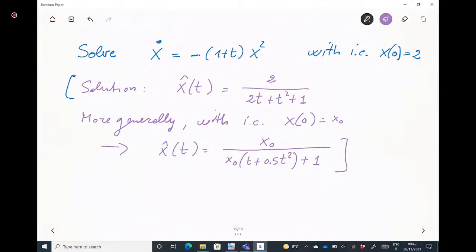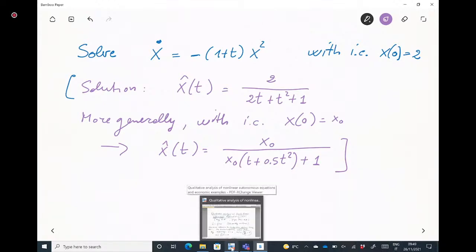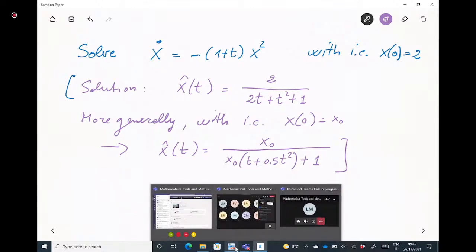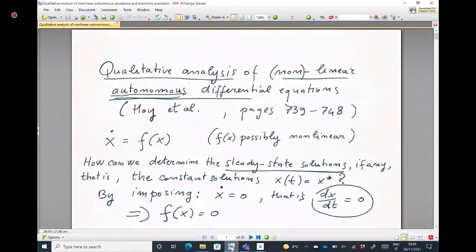Okay, now I want to show you some additional stuff on differential equations. The first thing I'm going to show you, which takes, let's say, 5 minutes, will not be in the exam, but it is the logistic growth.